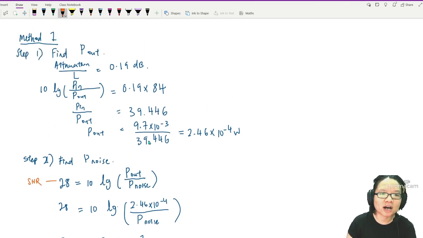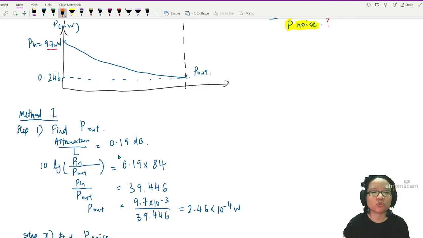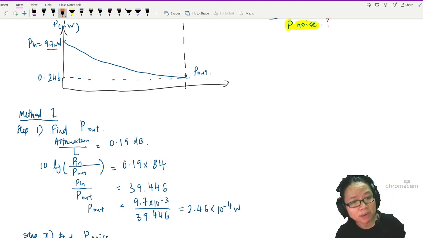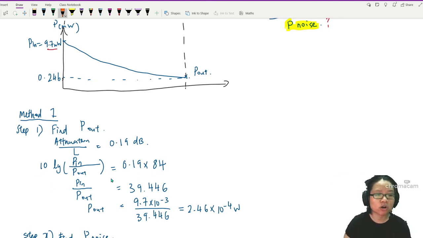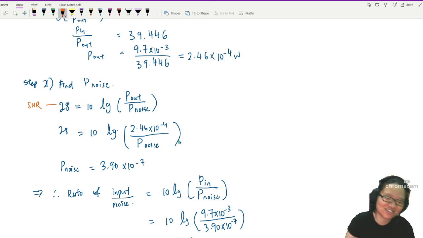So I have to find the output signal value using attenuation per unit length. So the input is 9.7. I know every km will attenuate 0.19. So the cable is 84 km, I multiply by 84, and then I anti-log and find the value of P out. And then from here, I find the value of P noise. Because I got the signal to noise ratio, I already have P out, then I can find P noise. Once I find P noise, I can put inside here. Very nice.